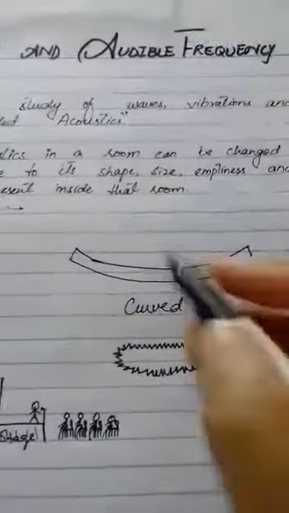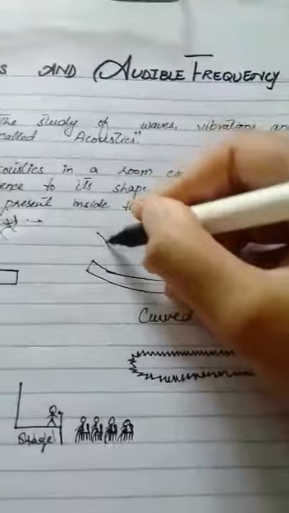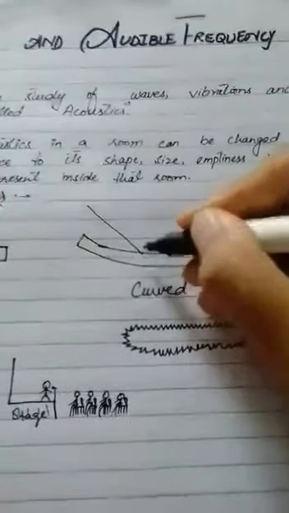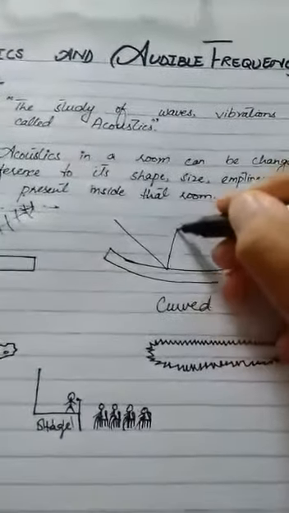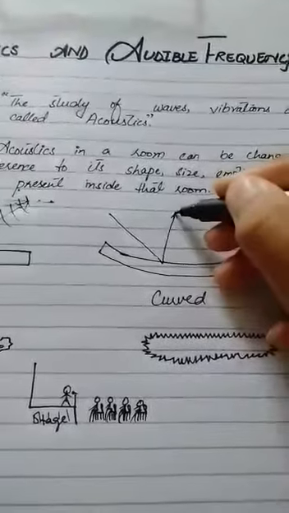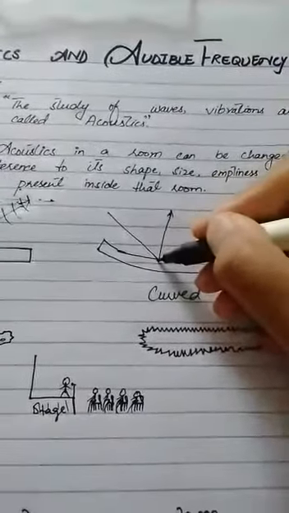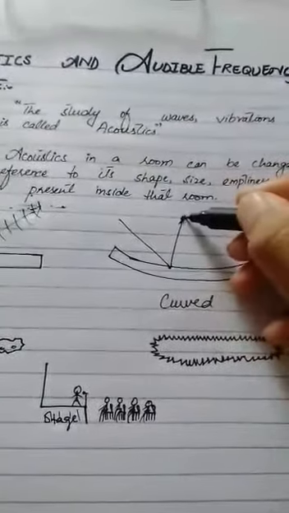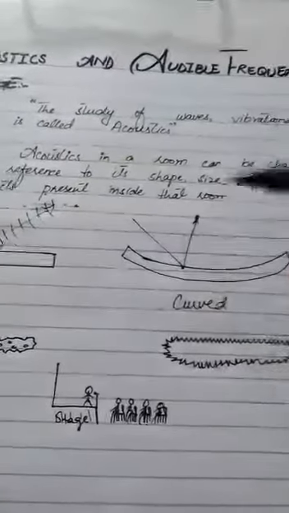But in the case of curved surfaces, when a wave falls on a point, it is reflected at a certain angle and concentrated on a certain point.